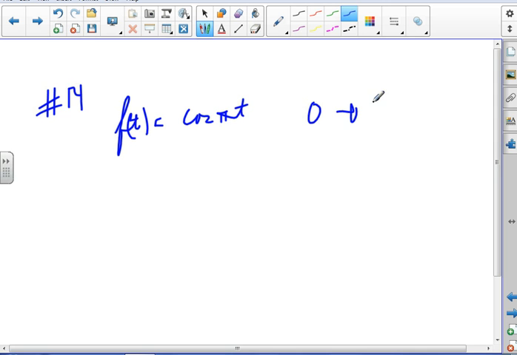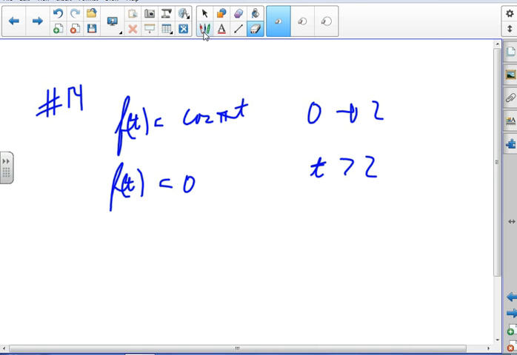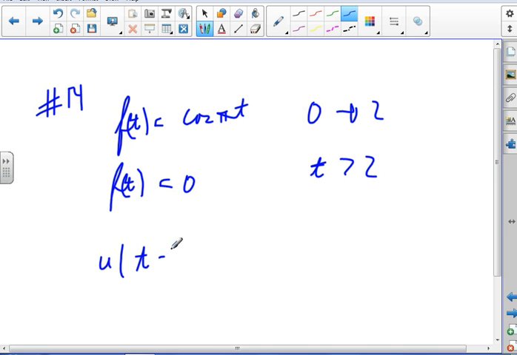And f of t is going to be 0 for t greater than 2. All right, so I got that. So I'm going to rewrite that as unit step function t minus 2 cosine pi t.